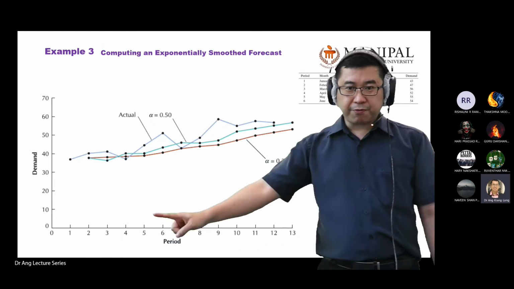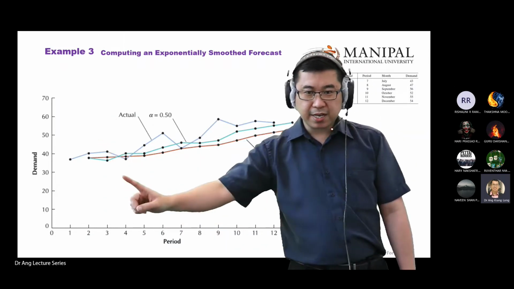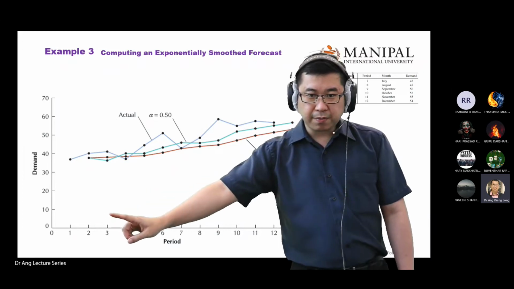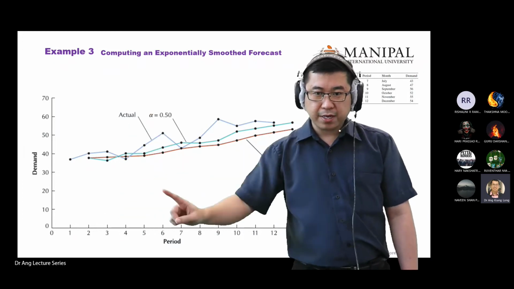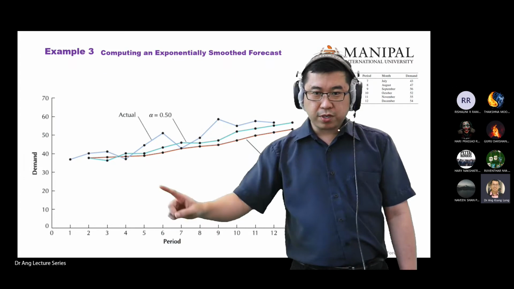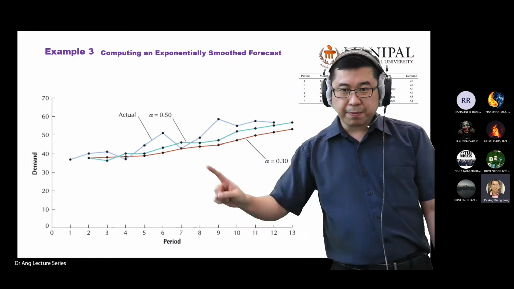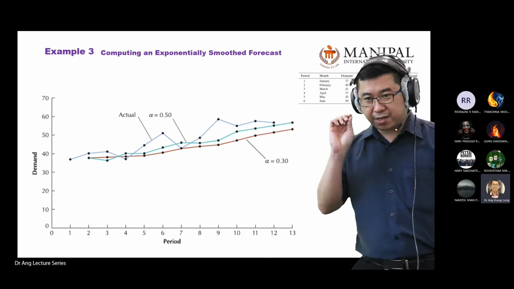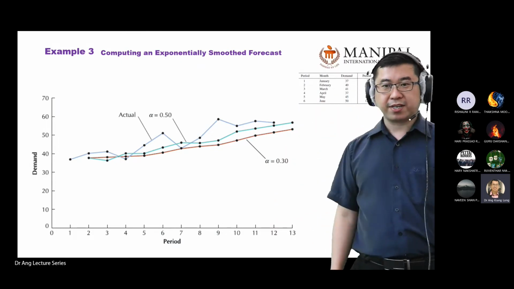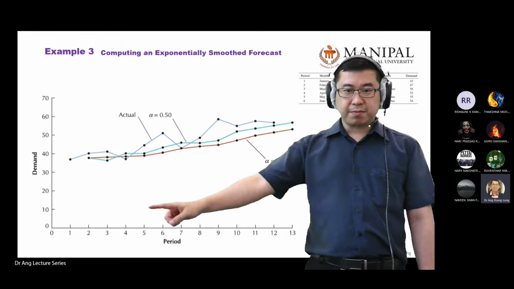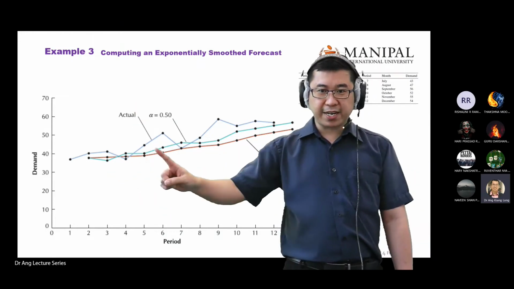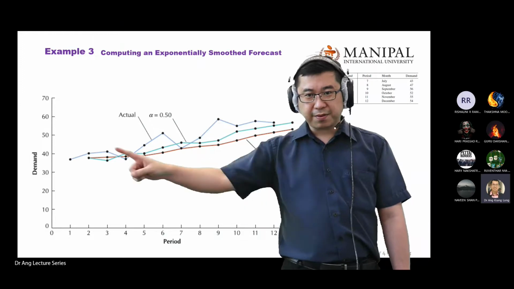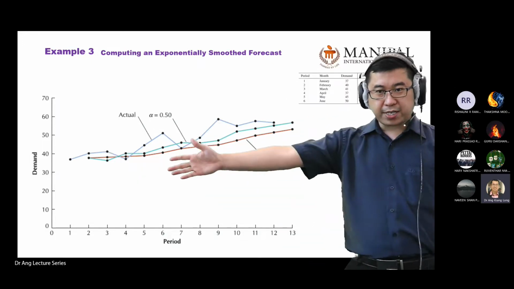But if you see a peak after every 3 months, let's say March you have a peak, June you have a peak, September you have a peak, then you are having a seasonal trend. Month 3 there's a peak, then flat, then peak, then flat, then peak. But basically you can see a trend there.